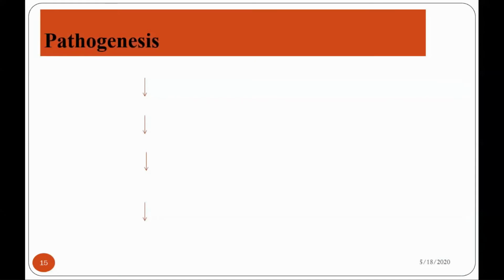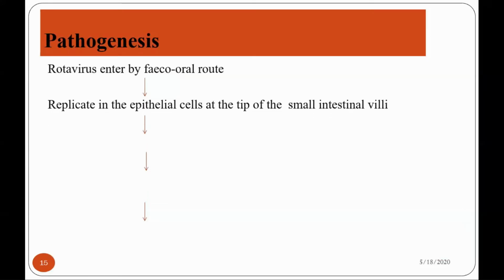Now, the pathogenesis of rotaviruses. The mode of transmission is through the fecal-oral route, and they reside in the small intestine. These viruses take nutrients present in our small intestine, and they multiply at the tip of the intestinal villi of the small intestine.